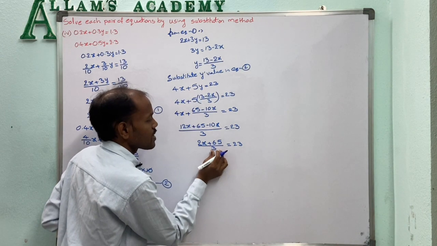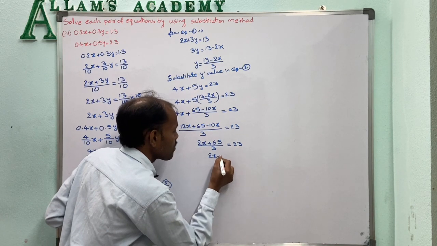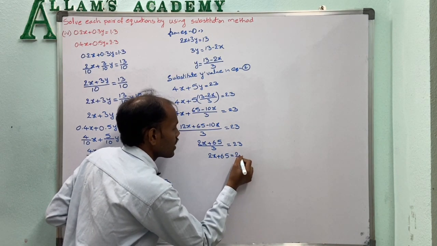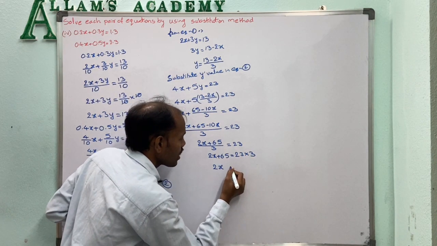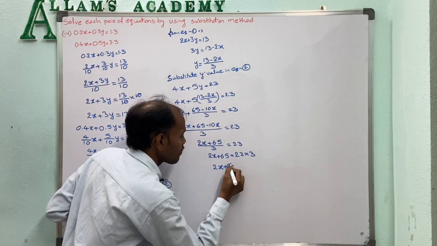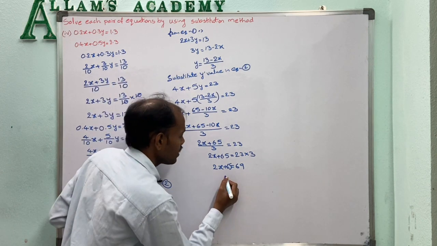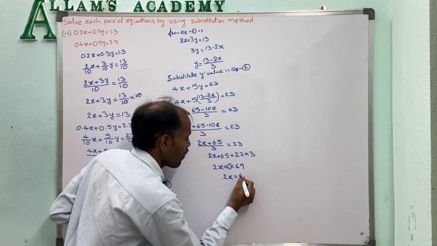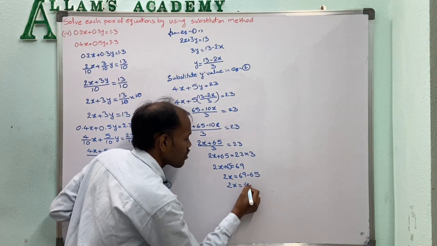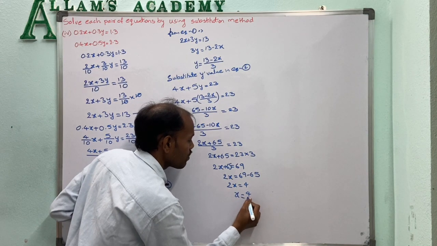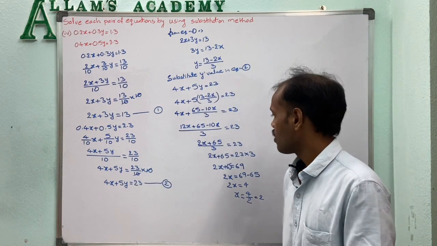Now denominator 3 transfer to the side, that is nothing but multiplication. So 2x plus 65 equal to 23 into 3. 23 3s are 69. So 2x plus 65 equal to 69. Now plus 65 transfer to that side, that is nothing but minus 65. So 69 minus 65 equal to 4. So 2x equal to 4, then x equal to 4 by 2, that is nothing but 2. So x value is 2 we get.